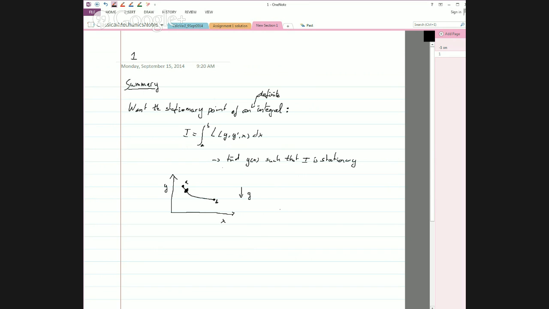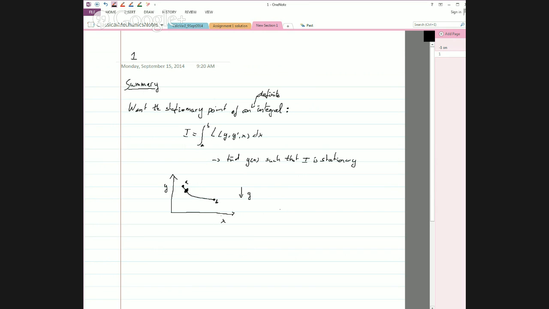We saw last time that the time it takes for this bead to go from A to B is an integral that depends on the shape of the wire. And so that gave us an example of a problem where you have the integral of something and you want to find the function where the integrand depends on that function, and then the integral is stationary. In this case, we wanted to find a minimum. And so the key constraint here was that the wire was fixed to be between A and B.